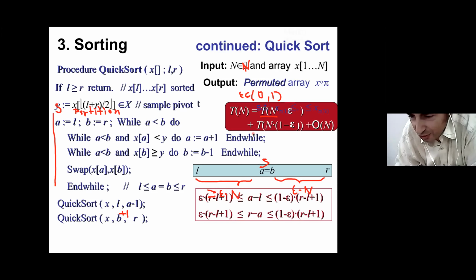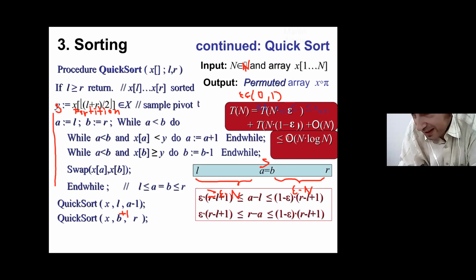And now we cannot solve this directly by the master theorem because you have two values on the right of the function which are different arguments. But we saw that we can nevertheless get a solution.